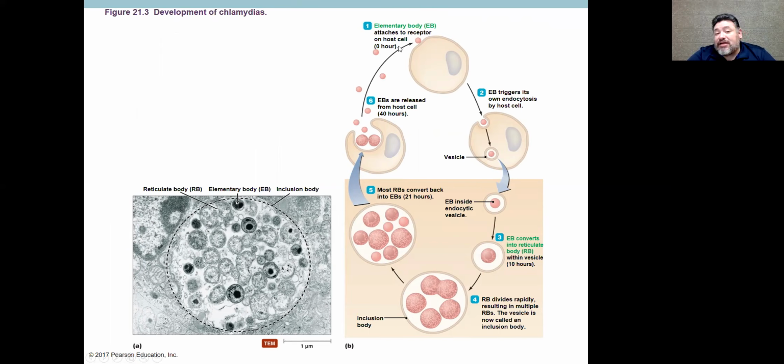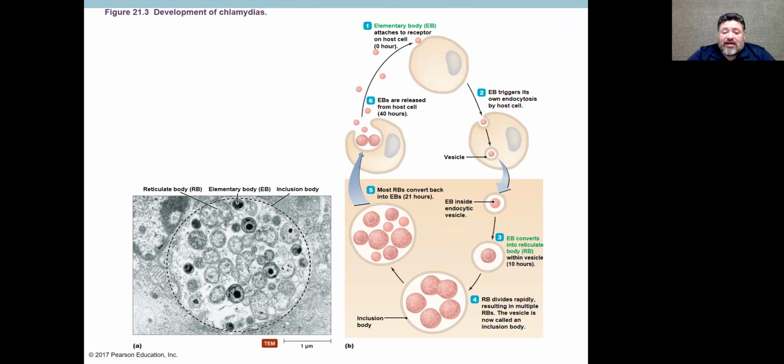It has attachment proteins, but it does not have a metabolism. So this organism is not susceptible to antibiotics while it's outside of the cell, because antibiotics function by being taken up by the organism, and again, that's something that's not taking place.